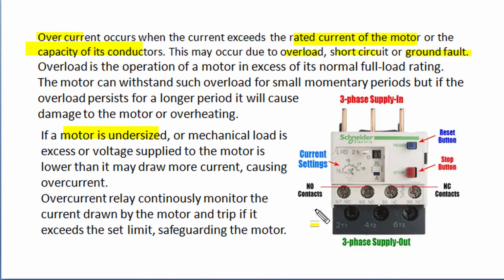So an overcurrent relay continuously monitors the current drawn by the motor, and such overcurrent relays are connected in series with the motor lines, and if they find current more than the specified values, they issue a trip signal to the contactor circuit, and that ensures safety of motor operation.